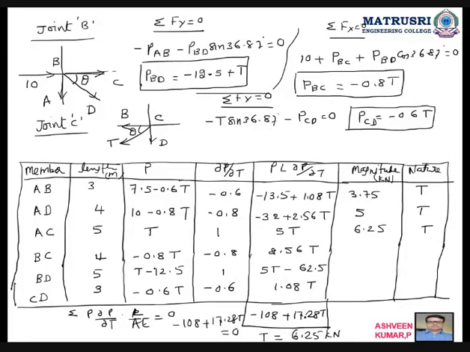Similarly, minus 0.8 into 6.25, I got minus 5, which means 5 compression. Similarly, T minus 12.5 is minus 6.25, so 6.25 compression. Here also minus 0.6 into T is minus 3.75, so minus means compression. So this is about the problem.